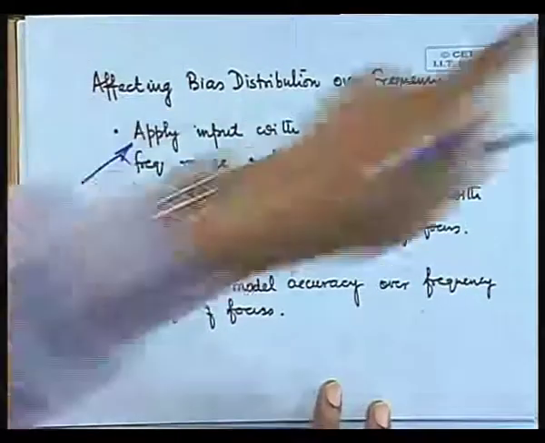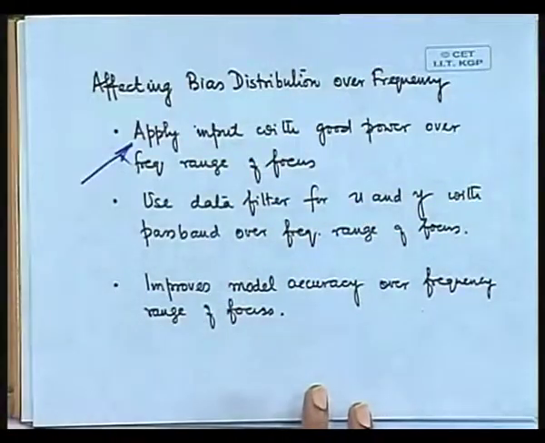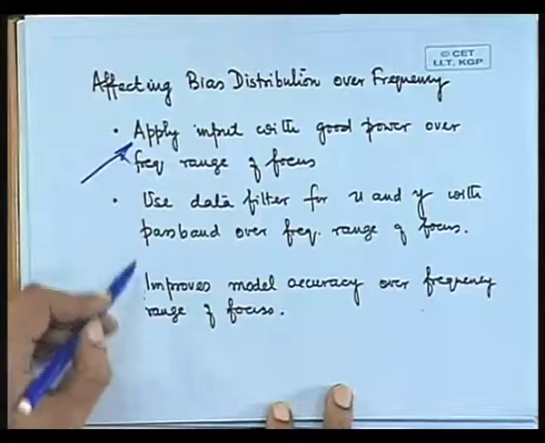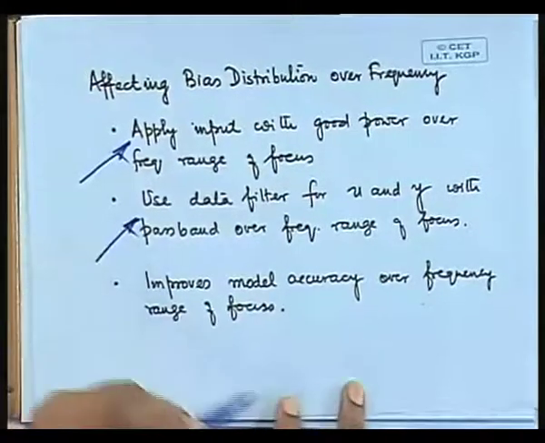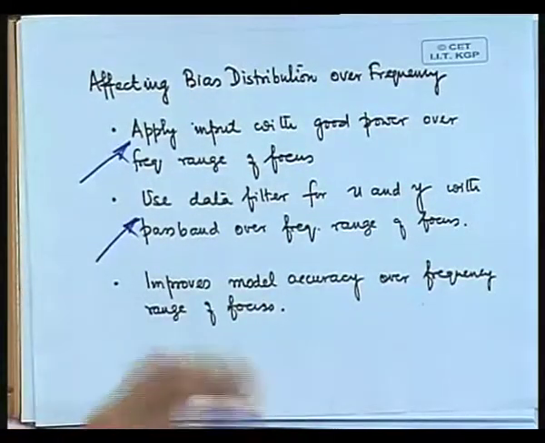You cannot give a high frequency input and then expect good accuracy in your low frequency model. To improve that further, you should use a filter which will further focus the input output onto the frequency band. If you do that, then on that focused frequency band you will get good accuracy compared to other bands. So that is all for today.